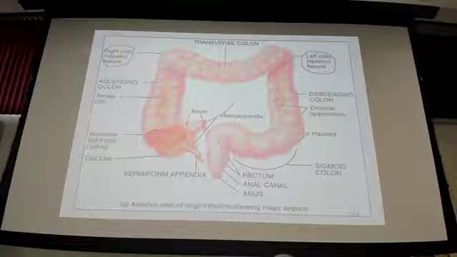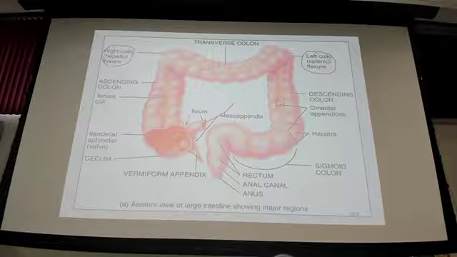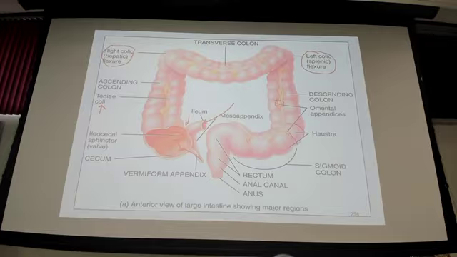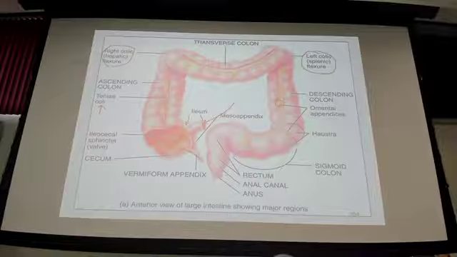I told you that the myenteric plexus also keeps a state of tonicity, right? We talked about how the GI tract in a dead person is significantly longer because we lose that tonicity of the musculature. The haustra, these outpouchings, are created by that, and they are facilitated by this thing called the tinea coli, which is essentially this band in the middle here. You see this stripe that goes down the middle of the large intestine? That's the tinea coli, okay?